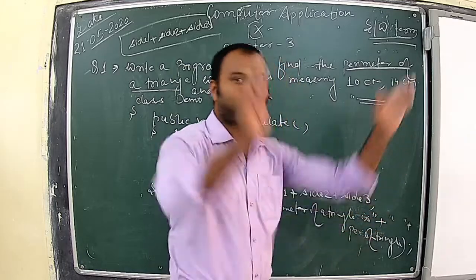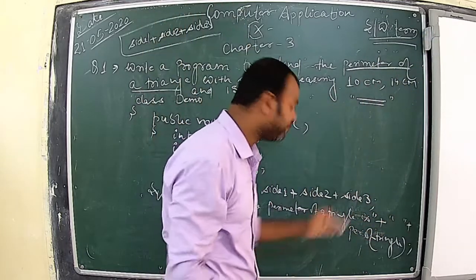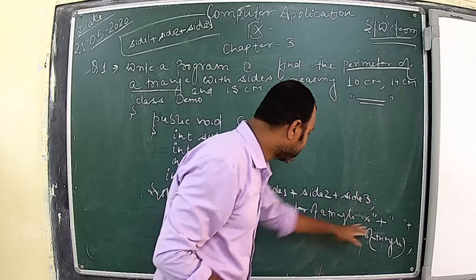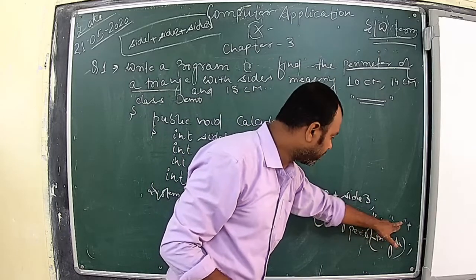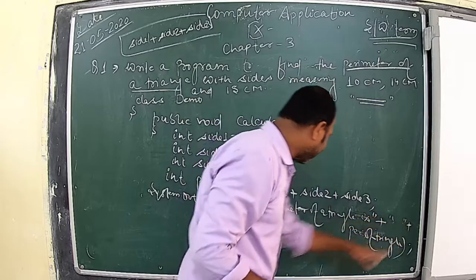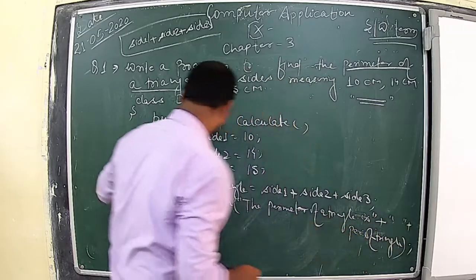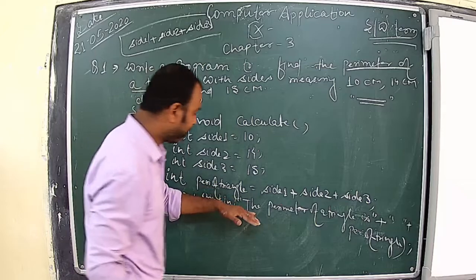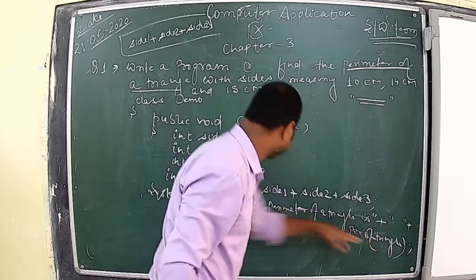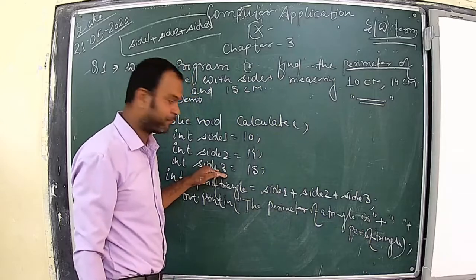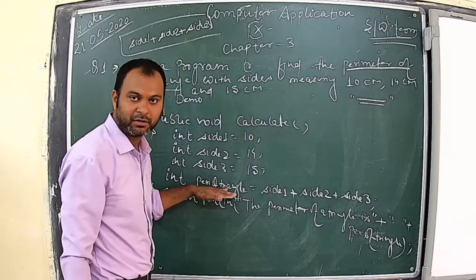This is used for concatenating two strings together, means joining two strings together. It will join one space also, because I gave one more space here, and then it will print this value. So it will print the perimeter of a triangle is, after the space it will print peri of triangle. Clear?